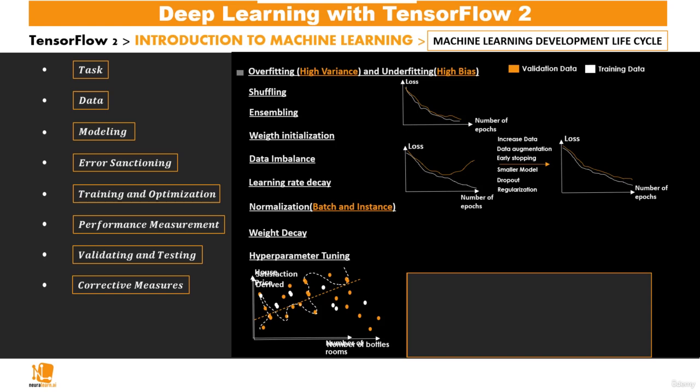Our next correction to the overfitting problem is weight regularization. Supposing that we define our loss function such that it takes in the true values of the output and also the model's predicted output values.